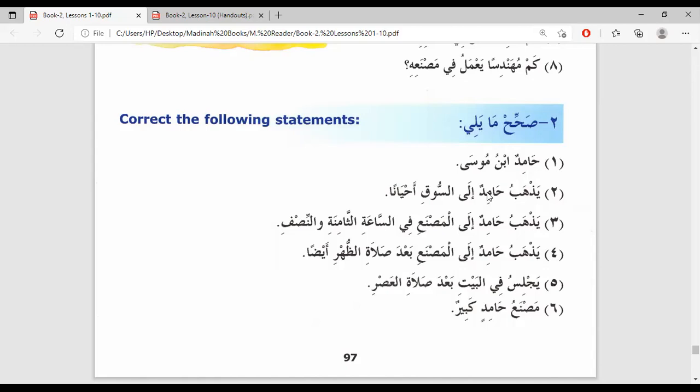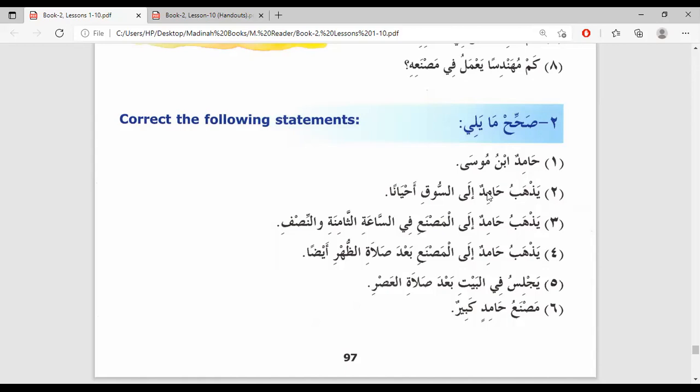حامد بن موسى. Why? If you remember the rule, like Ibn, when ibn happens to be between two proper nouns, then it becomes the adjective for the first noun. We drop the alif, right?